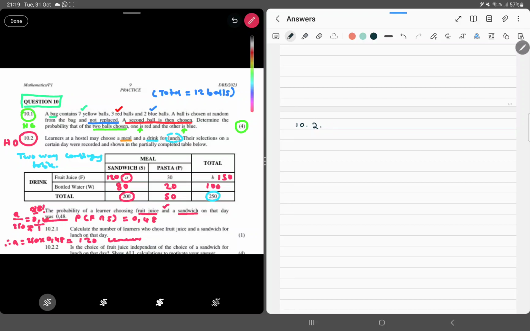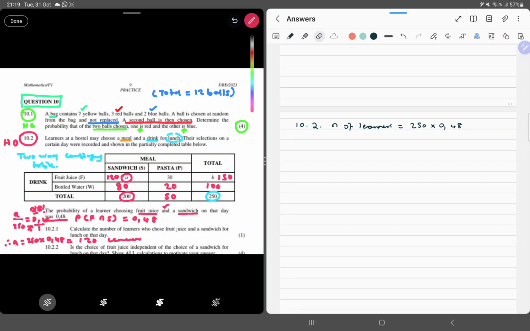So all we can say, the number of learners is going to be equal to 250, the total, multiplied by the probability, which is 0.48, because you already know that that is what it's going to be.